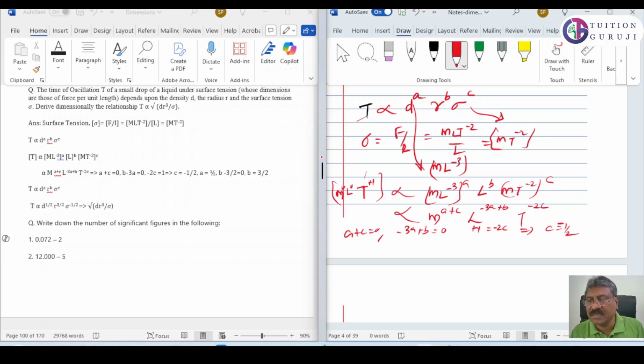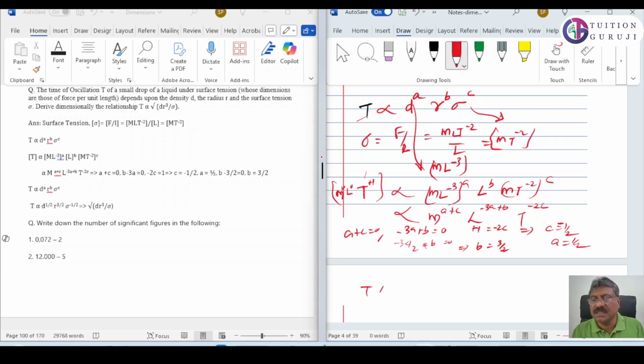When C is equal to minus 1 by 2, then A is equal to half. So A is equal to minus C, therefore A is equal to half. When A is equal to half, minus 3 into 1 by 2 plus B is equal to 0, which implies B is equal to 3 by 2. So we got A, B and C.